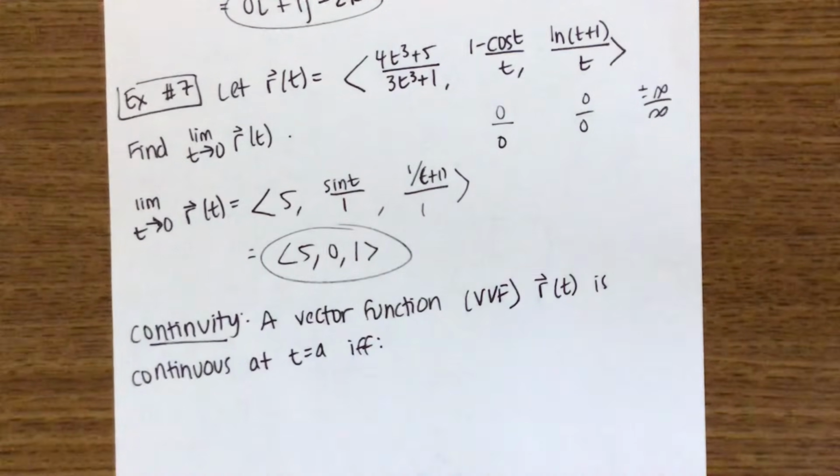Do you guys remember when something is continuous? So like the limit as t approaches a from the negative side equals the limit as t approaches a from the positive side equals, what was the last one? Equals when you just plug in a to a function.